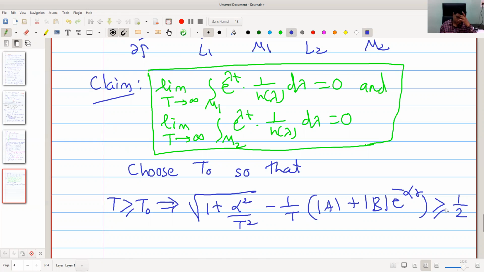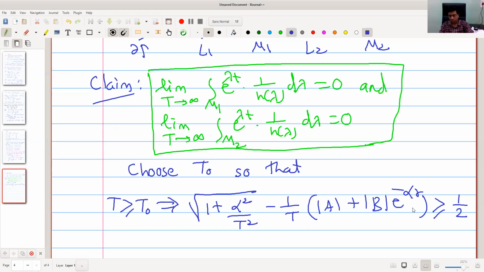So we can select capital T so that this holds. In this case capital A, capital B, r and alpha are all fixed things.